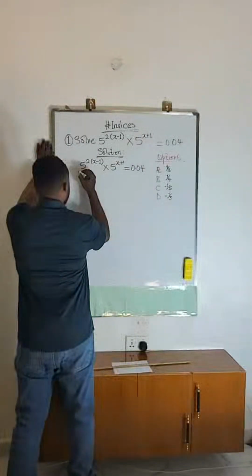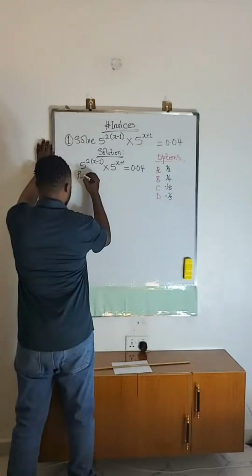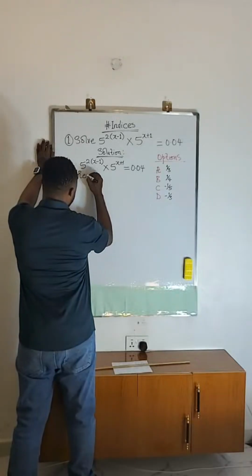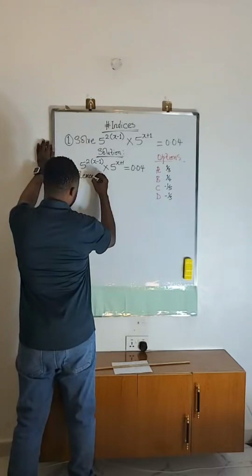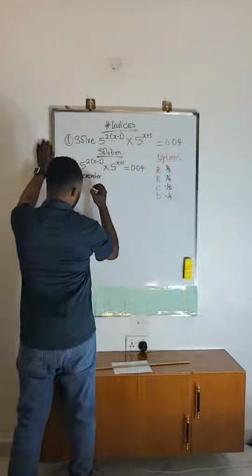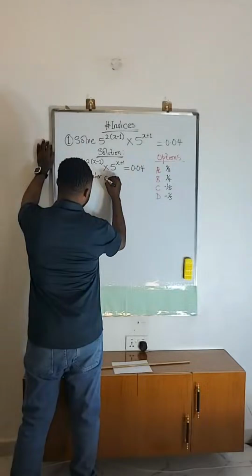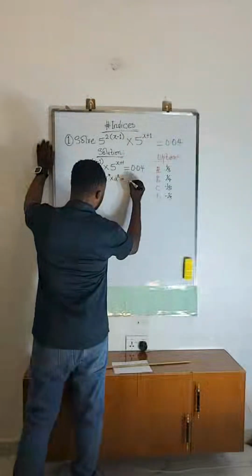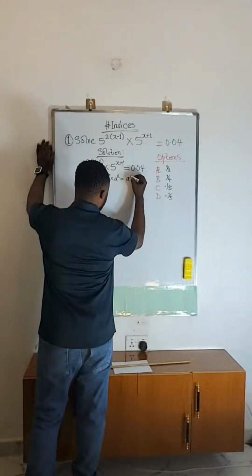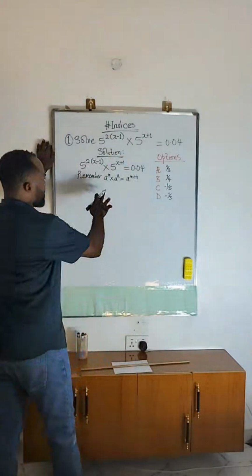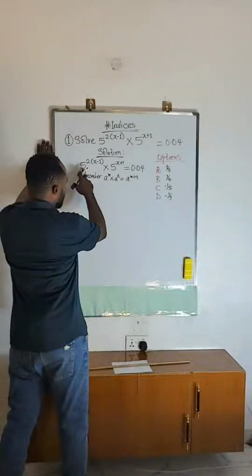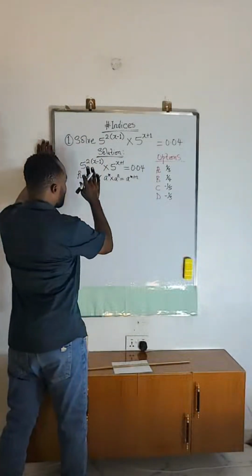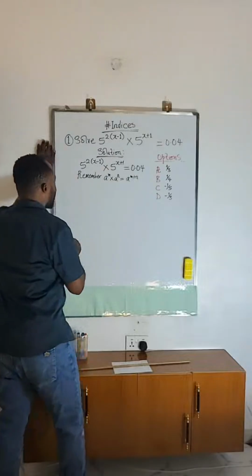Remember, first of all, the rule that says a raised to the power of m times a raised to the power of n equals a raised to the power of m plus n. If you remember this, then it will be easy to work on the left-hand side.